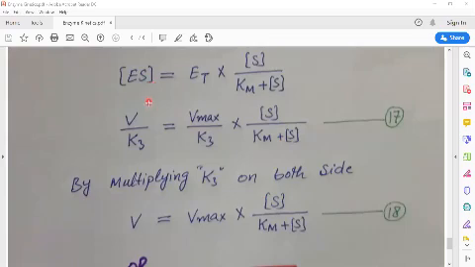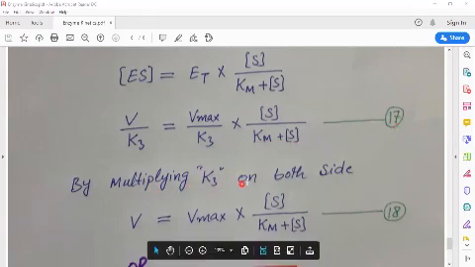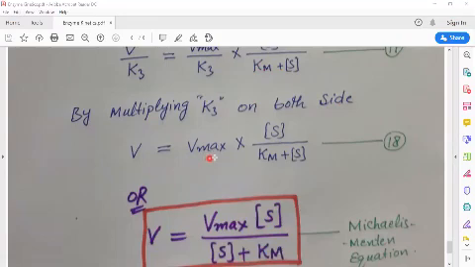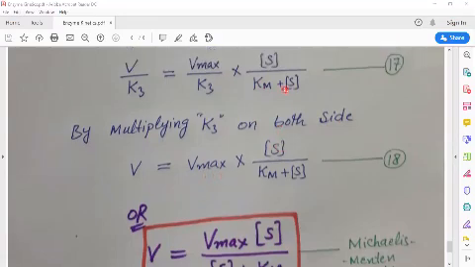Enzyme substrate concentration is equal to V divided by K3, that is equal to Vmax divided by K3 into substrate concentration divided by Km plus substrate concentration. This is equation 17. By multiplying K3 on both sides, we can write V is equal to Vmax into substrate concentration divided by Km plus substrate concentration.